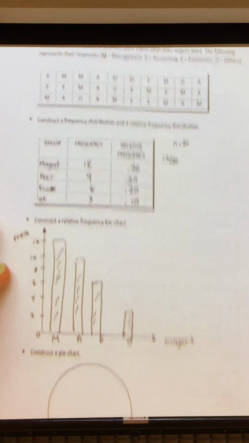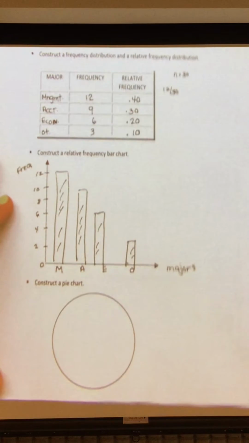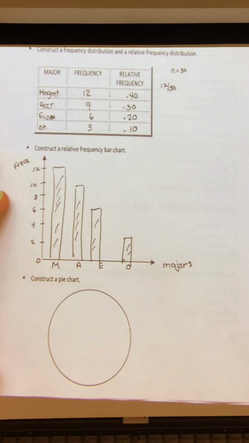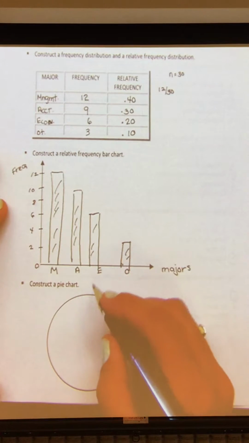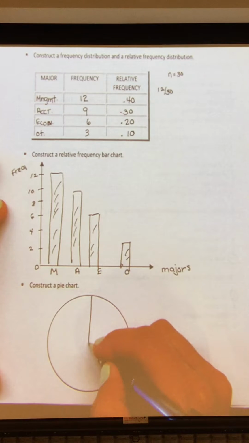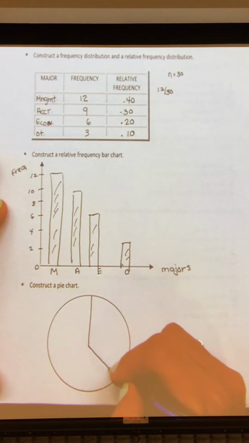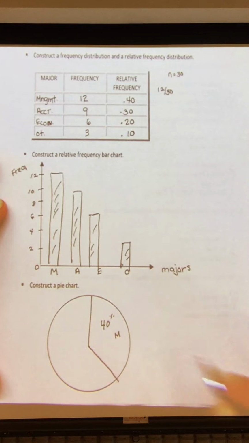Now your pie chart. So again, remember the angles of the pie. Here the middle is 50%. So management is about 40%, so it's a little less than half. So here is 40%, which is for management.